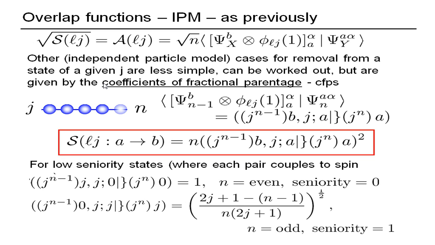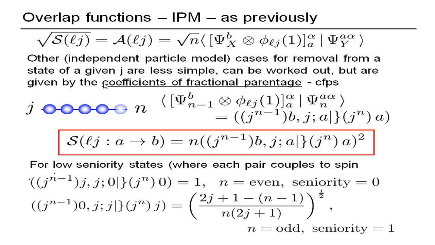There was the other limit at the other end. If I've got a shell which has only 1 nucleon in it, that's this parentage coefficient. If I've got n particles in an orbit and n is odd, coupled to j, and I remove one and get nothing on the other side, then it's this formula. But if you've got just one particle in the orbit, n is 1, so on the right-hand side you've got n minus 1, which is 0, and so you've got 2j plus 1 over 2j plus 1, and this number is equal to 1 also.